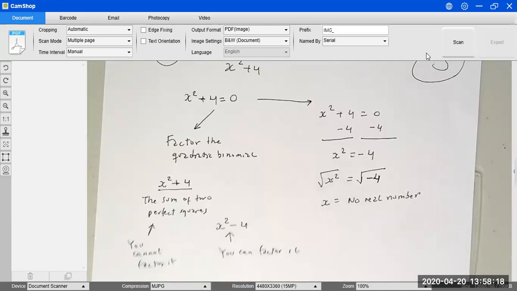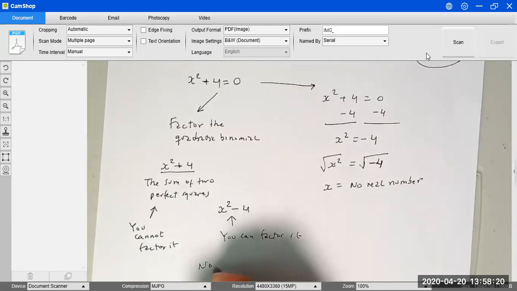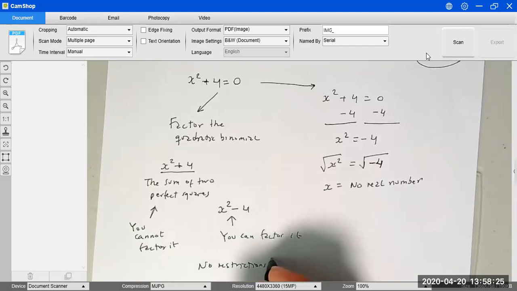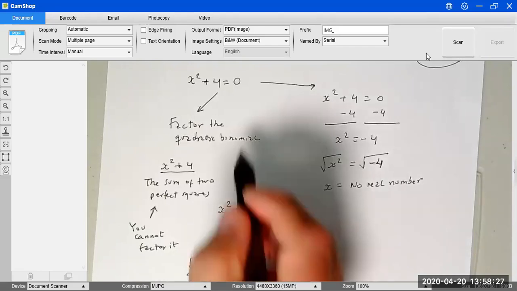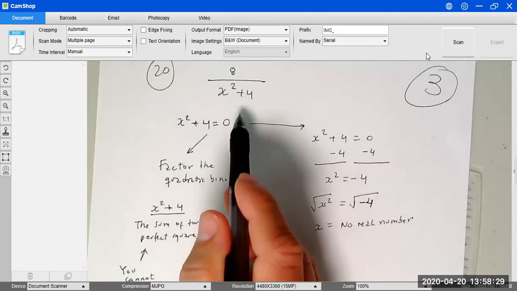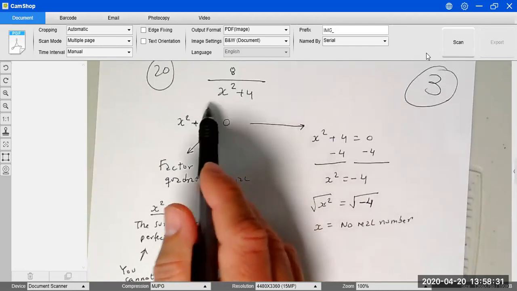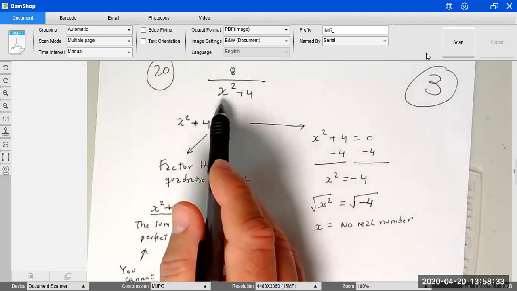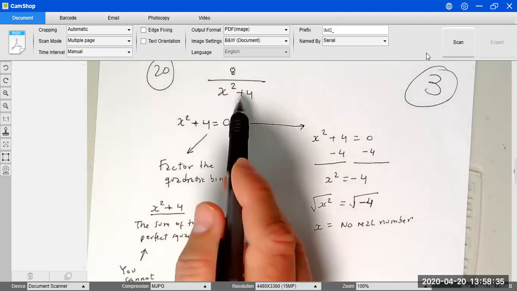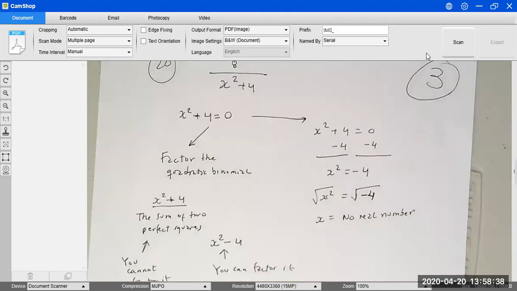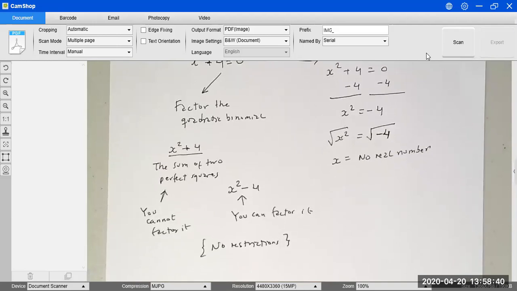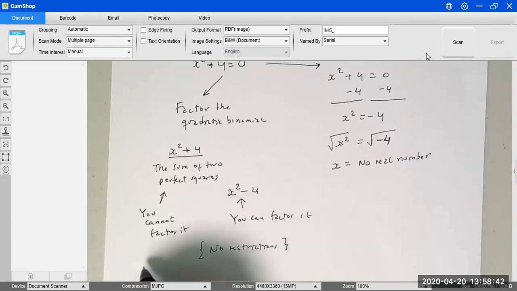So the solution for this problem is just there are no restrictions. There are no numbers that are going to make this denominator equal to 0 ever. Try any number, you are not going to find any number making this denominator equal to 0. So the answer is just no restrictions.